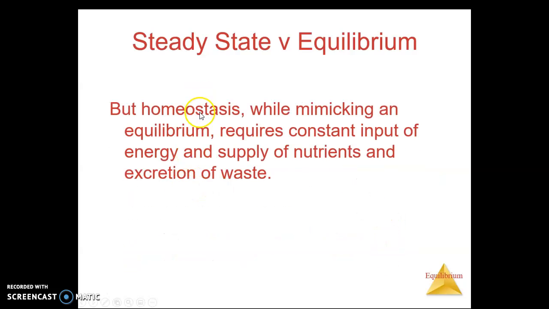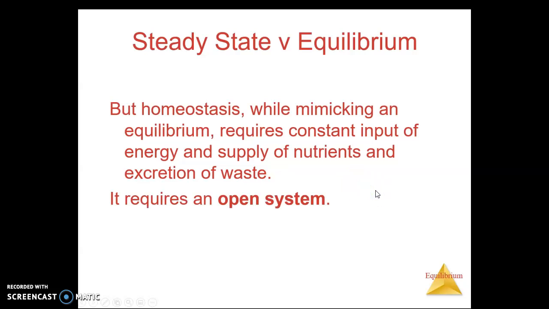Now, homeostasis then mimics equilibrium, because remember, in an equilibrium situation, there is no change in the concentration or partial pressures of reactants and products. But homeostasis requires a constant input of energy and supply of nutrients and excretion of waste, or the organism dies.